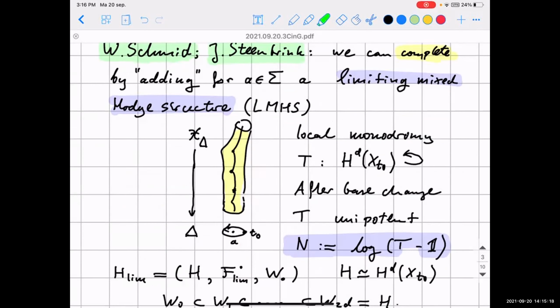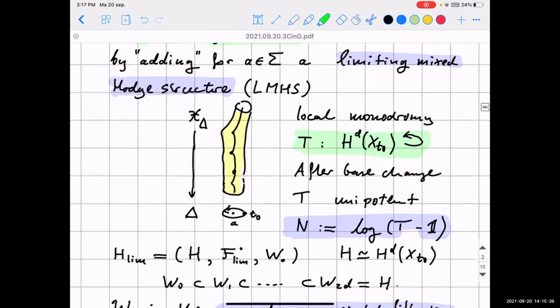The local monodromy, if you go around the singularity, for that I pick a base point t0 somewhere near the degenerating variety. And now the so-called monodromy theorem says that this transformation is quasi-unipotent.